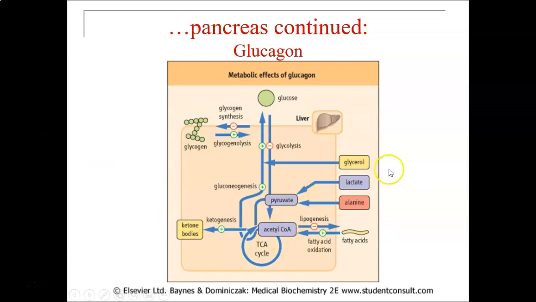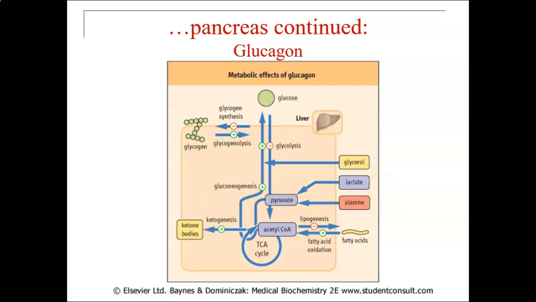Because one of the things that glucagon will do in the production of ATP, there's really 4 steps when we talk about the production of ATP. The third step is something called the TCA cycle or the Krebs cycle, and that's where we have a huge production of something called acetyl-CoA.